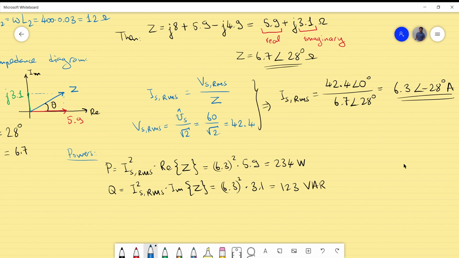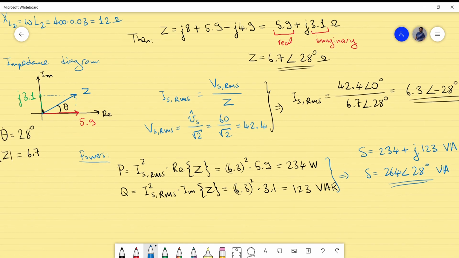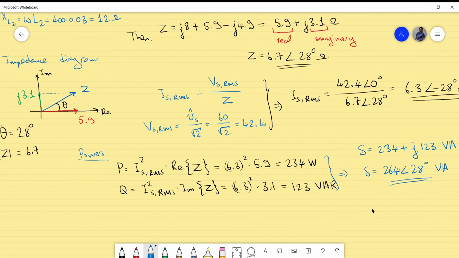So if you now express this completely in vector form, I will have S is equal to 234 plus J 123 volt amperes. And if you convert this to polar notation, you will have 264 phase 28 degrees volt amperes. And note, we have again 28 degrees as we had for the impedance phase. So the phase for the impedance and phase for the apparent power will be exactly the same.